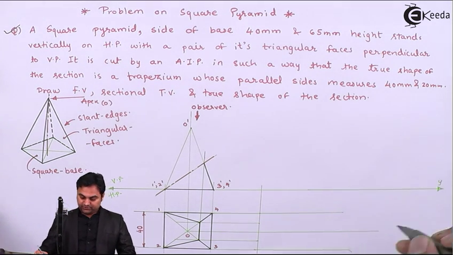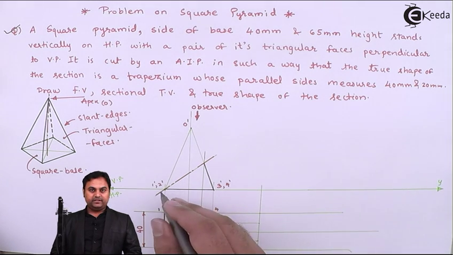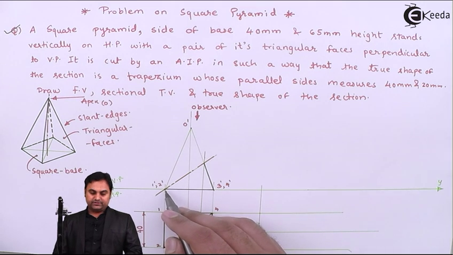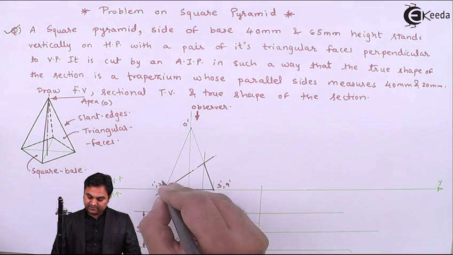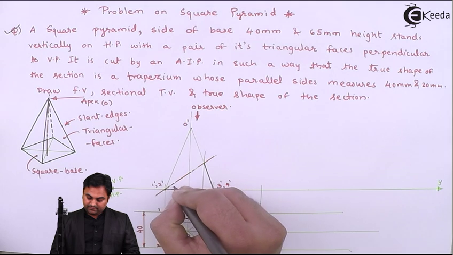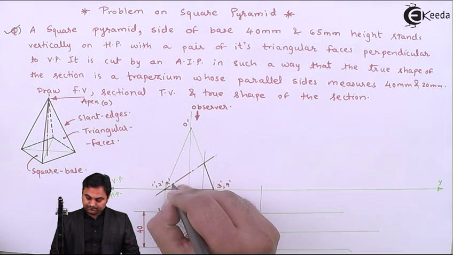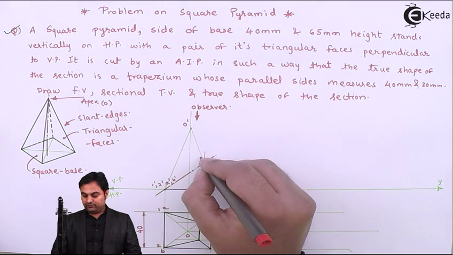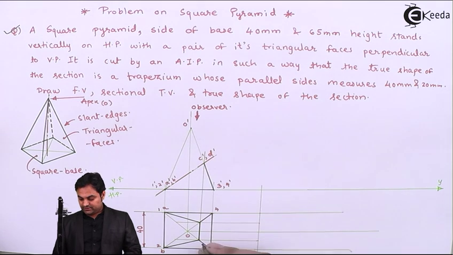Then giving the notations to it, where the cutting plane is cutting the edge 1 dash 2 dash, I'll give the notation as A dash and B dash. So here we have point A and B. Then where it is cutting 3 and 4, that is C dash, D dash.